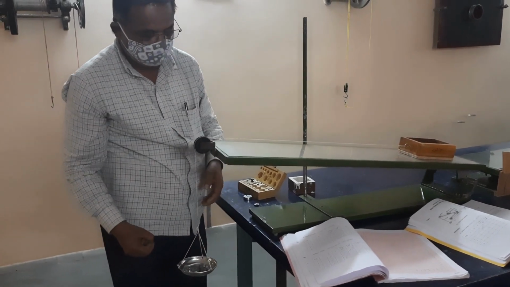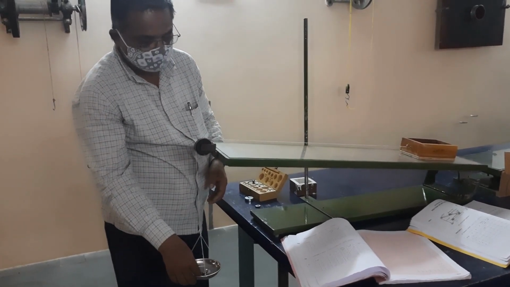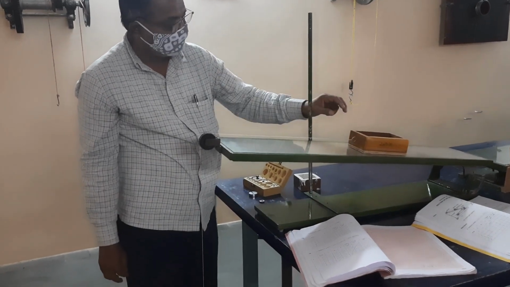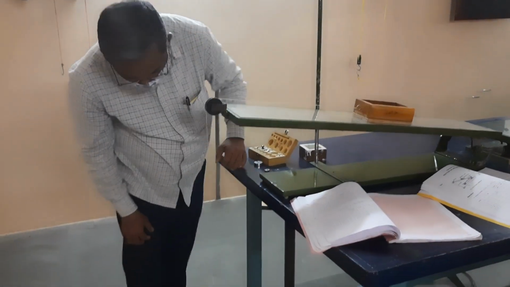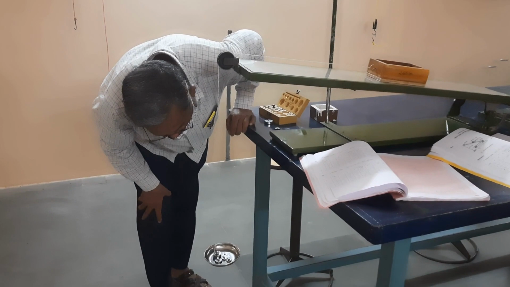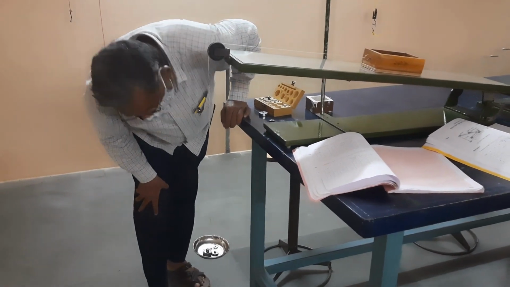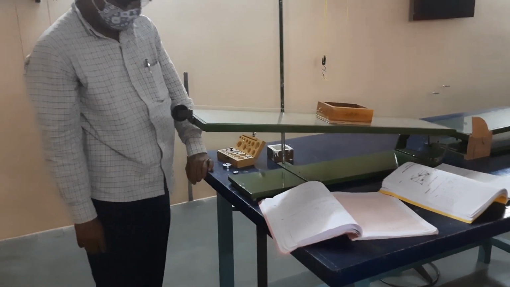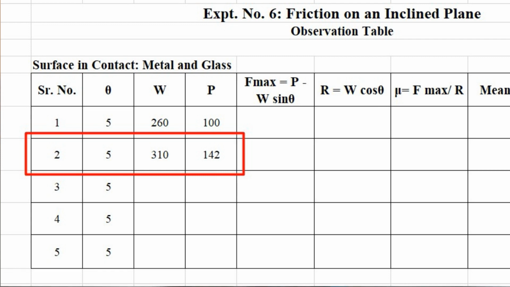Check the minimum effort required to move the box. The weight in the pan is 97 gram and the weight of the pan is 45, so the total effort required is 142 gram.